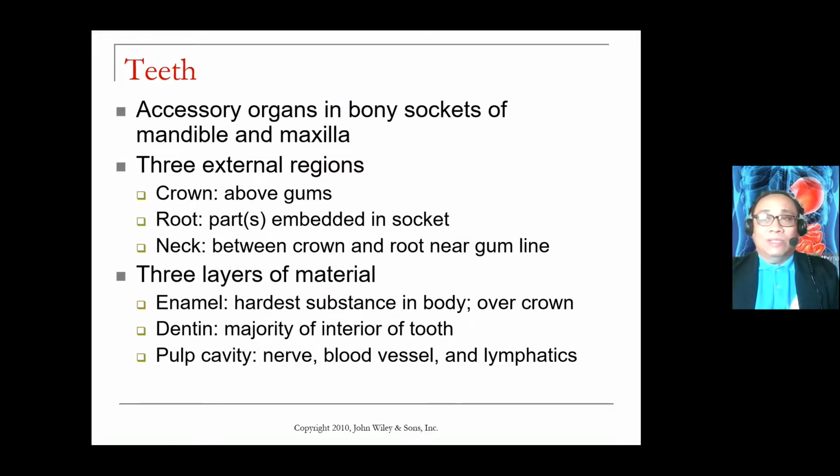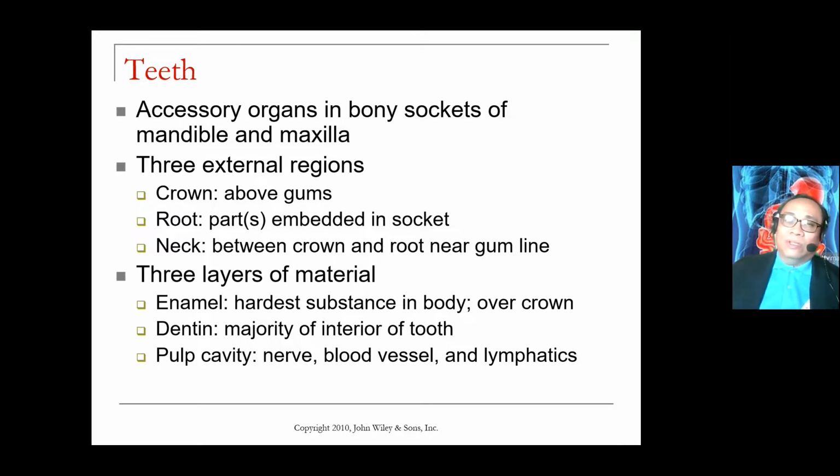Well, the teeth is considered an accessory organ because it is not where food actually passes through or gets absorbed. And this is the hardest organ in the body, and it is embedded in bony sockets called alveolus along the mandible and maxilla.